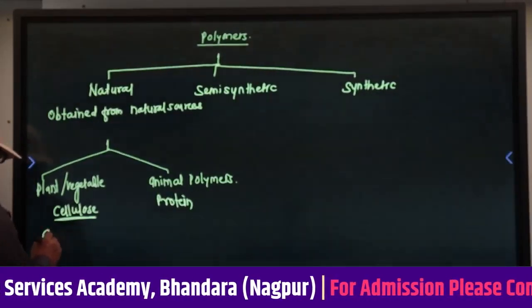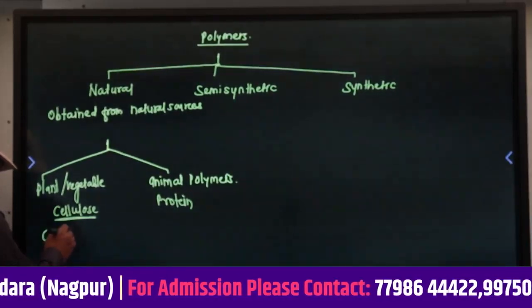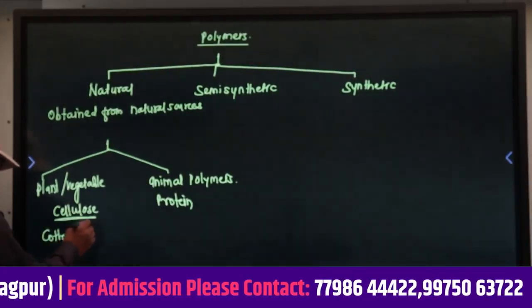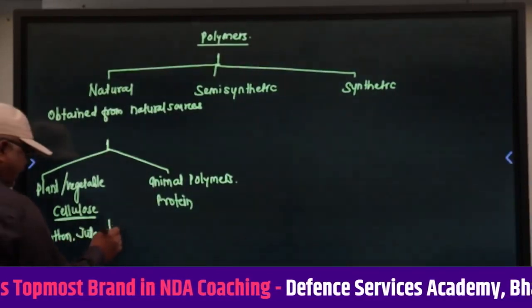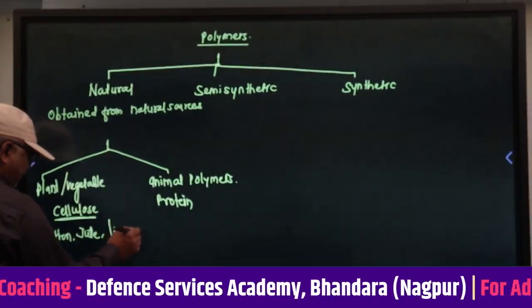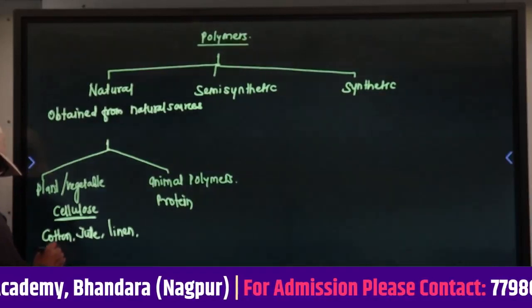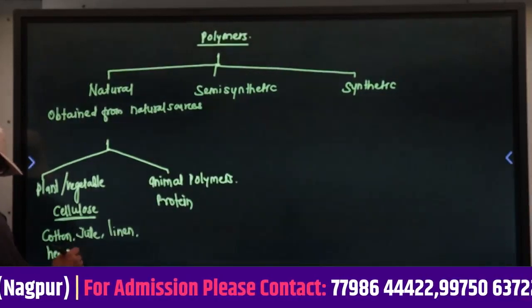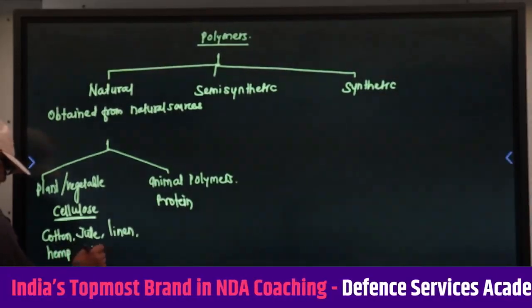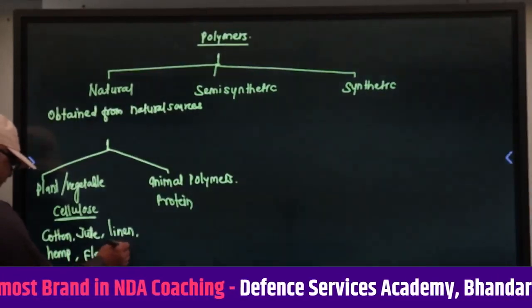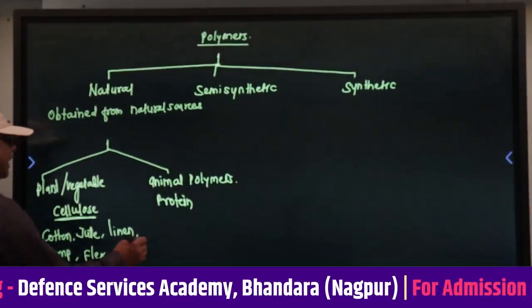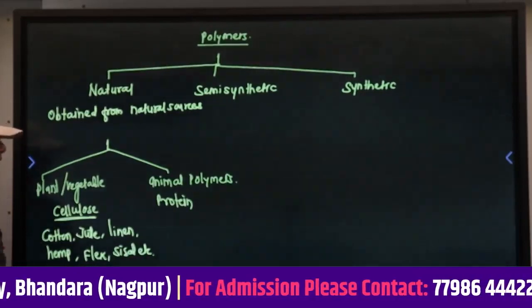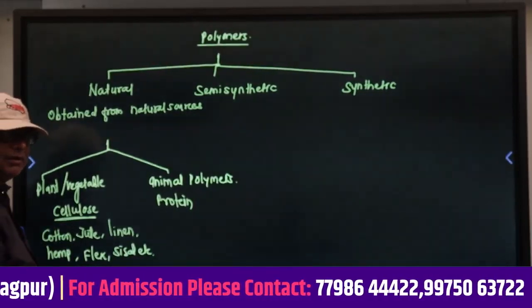Say cotton, jute, linen, hemp, flax, sisal. These are examples of plant polymers.